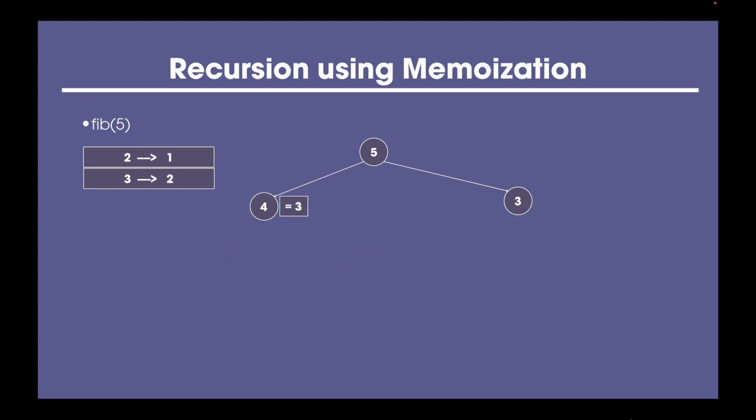Now instead of jumping again to the right child, let us store the fib of 4 first to the table. And now jump to the right child, fib of 3. Now instead of evaluating this value, let us first look it up in the table. And guess what? We have the value for that. That is 2. Now let us add both of them and get the value for the 5 and return it.